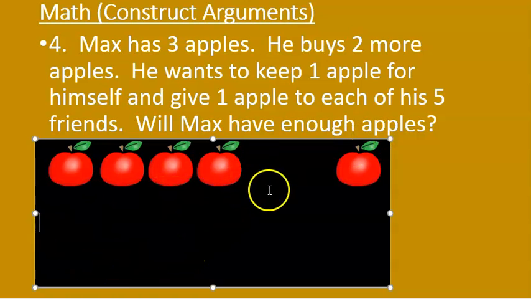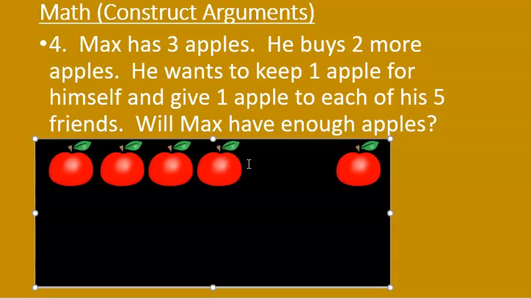So we're going to say no, he does not have enough apples because look, there's only 4 right here. This apple that's by itself, Max is going to eat for himself. But these 4 apples, since he has 5 friends, he can't give them to them because 1 friend isn't going to have an apple. 1 friend's going to be left without it.